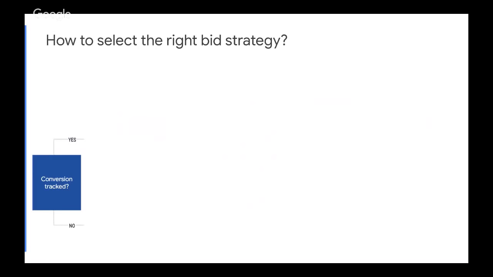Then I want to take you through how we actually select the right bid strategy. So on the left-hand side, we start off with: are we actually tracking conversions? If the answer is no, then we recommend you use enhanced CPC.